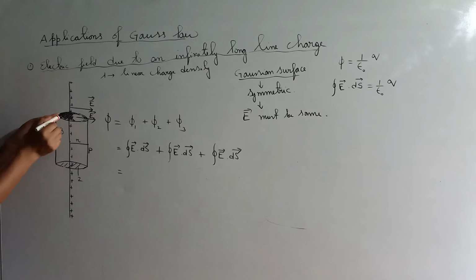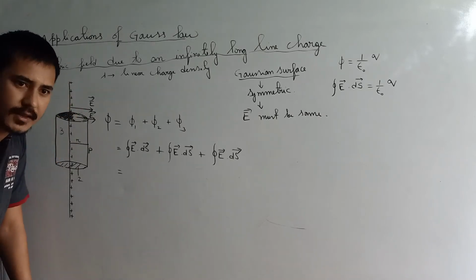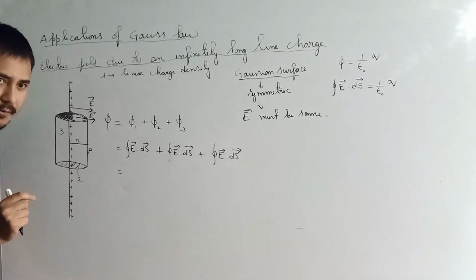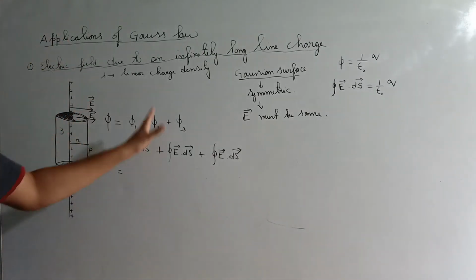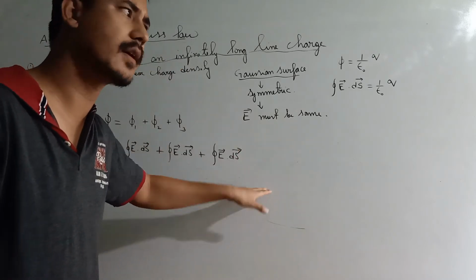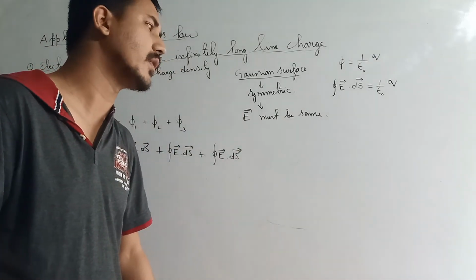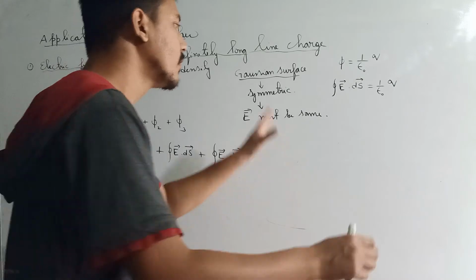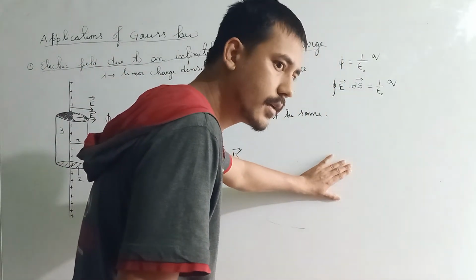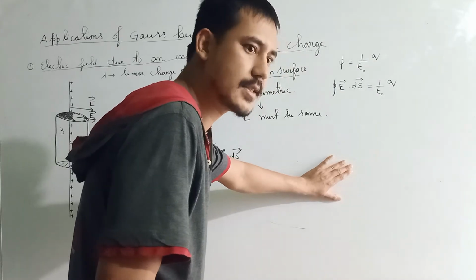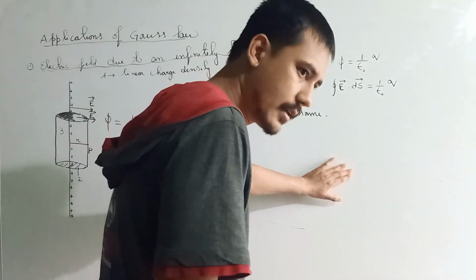Now, for this surface, what is the direction of the area vector? Area vector is always perpendicular to the plane it contains, right? Is it okay? Yes.